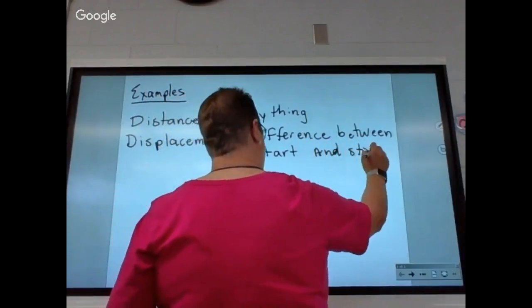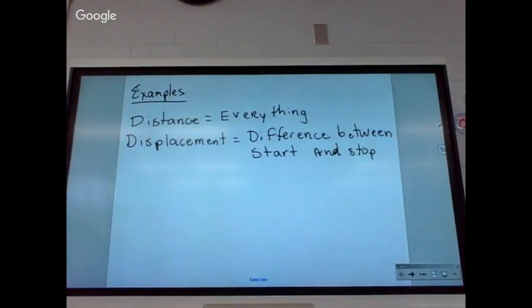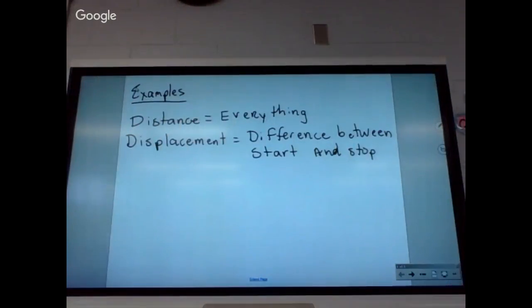So, what does the word difference imply based on our conversation from Friday? Subtract. You know the word difference means subtract from math class, so it still means subtract in science class.